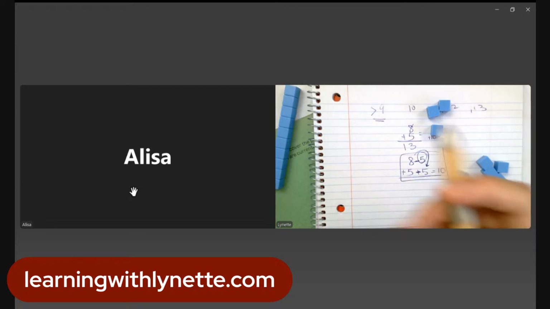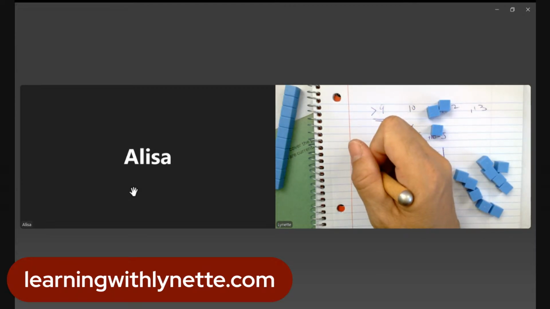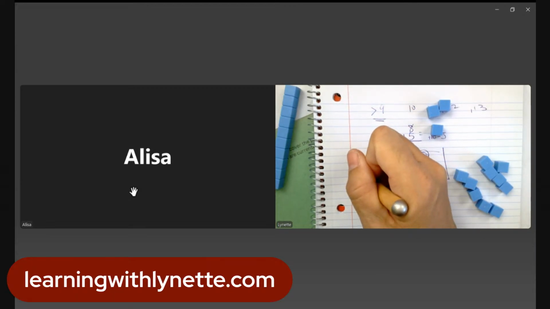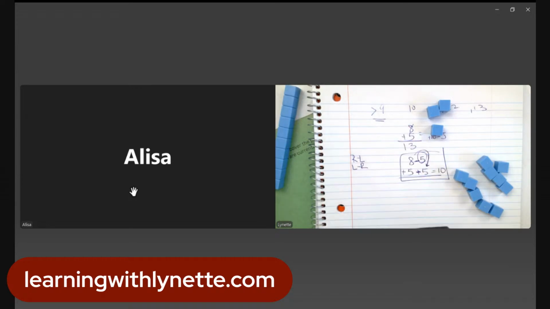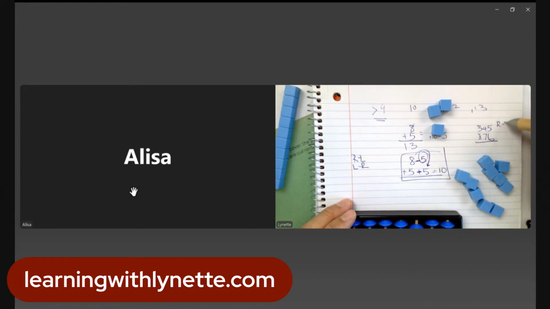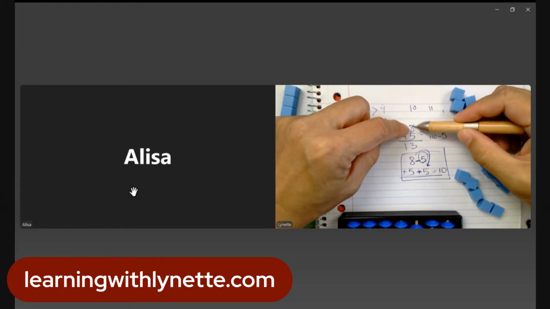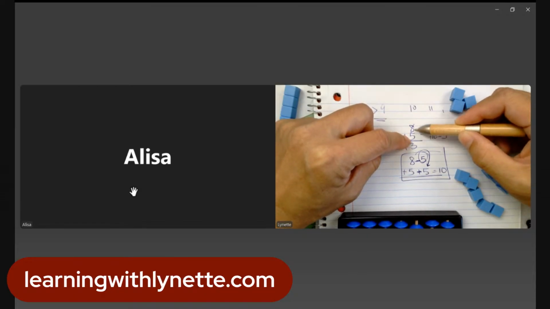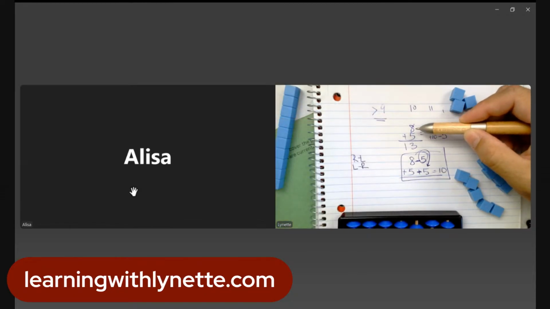You know how in mainstream math we do right to left, and I said we could do left to right. That's fine, right? If we have more digits, so if we have 345 plus 876, it doesn't matter if we go left to right, right to left. But it does matter when you take from the first digit to the second digit, because that changes.